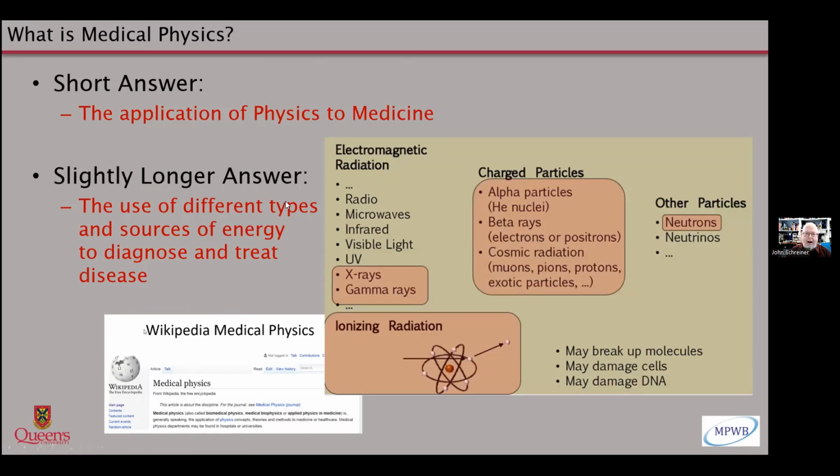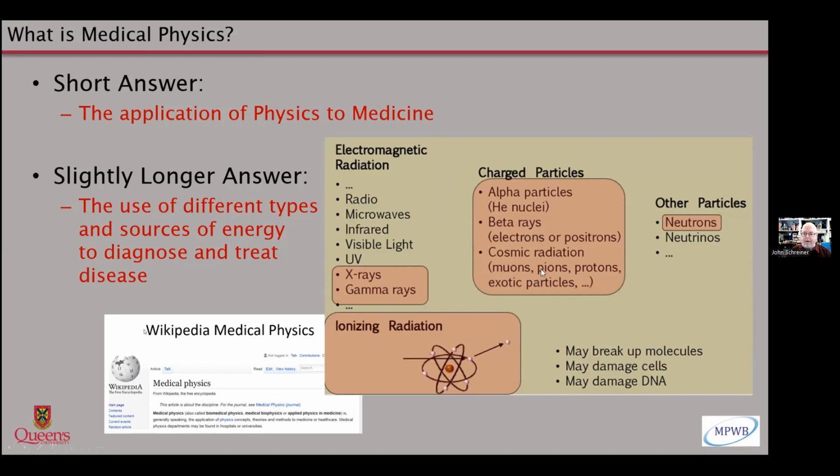A slightly longer answer would be that we use different types of energy and different types of radiation to diagnose and treat disease. And one can use many types of radiation in the electromagnetic spectrum.